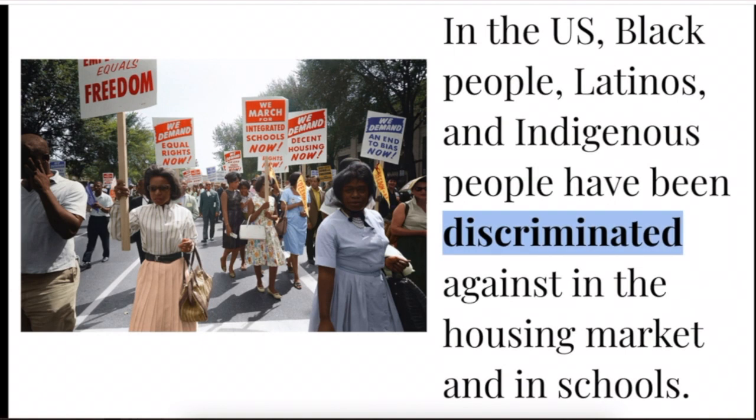In the U.S., Black people, Latinos, and Indigenous people have been discriminated against in the housing market and in schools. So this is a picture from the 1960s, but we are still seeing this today, even in the 2000s. So now it's 2021, and we're still seeing the same problem that people of color are being discriminated against in the housing market and in schools.